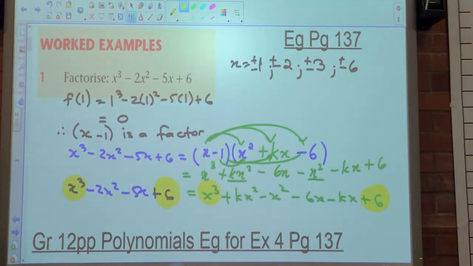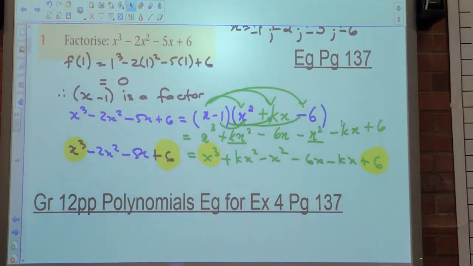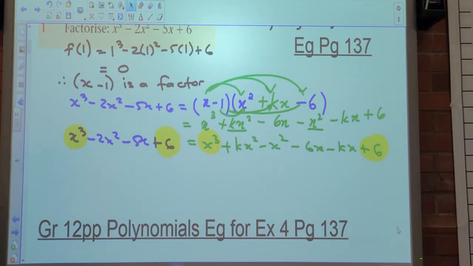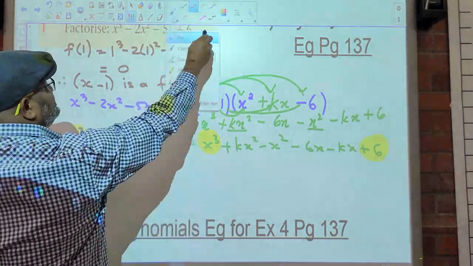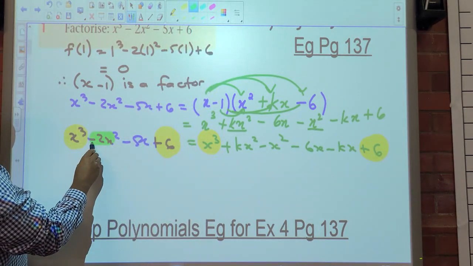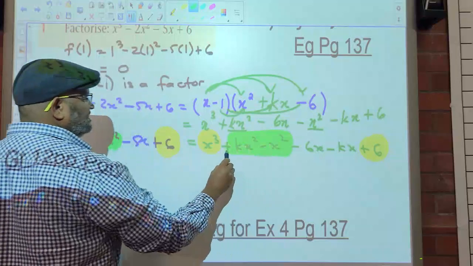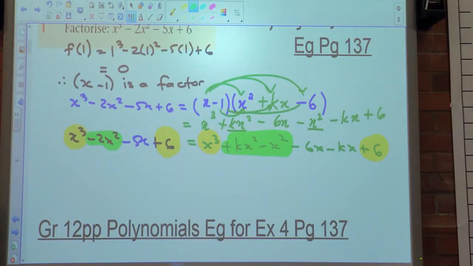But what do you see now? What do you see now? You now see that negative 2x squared has to correspond with this here. Not so.